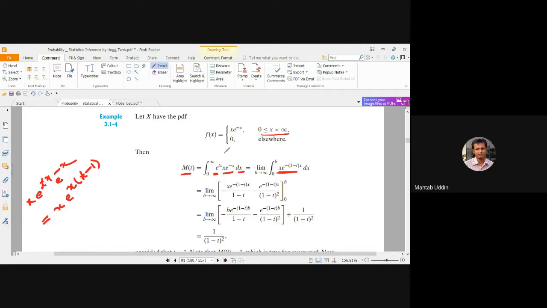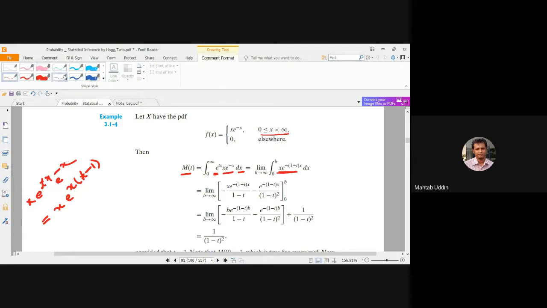The problem is that if I take x tends to infinity, then the whole term tends to what? Infinity. That is, it cannot converge. But if it does not converge, then my moment generating function will not be valid. For the moment generating function to be valid, it must converge.